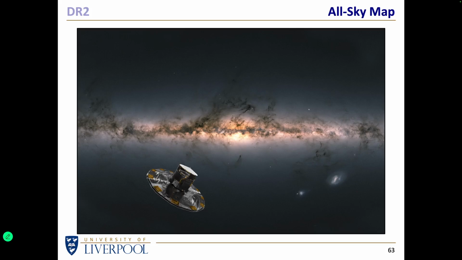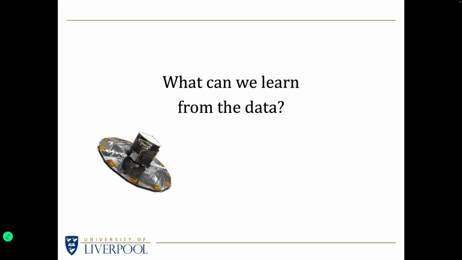This is a map. The brightness of each pixel simply tells you how many stars Gaia found in that particular pixel of the sky. So bright pixels simply mean there are lots of stars there. Dark pixels means there aren't many stars there. It looks like an image just because we are effectively counting stars.